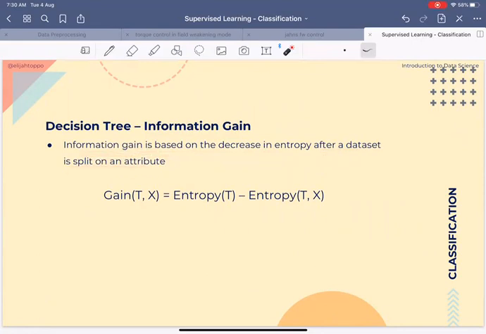So if we are at a decision node, and from that decision node we split based on a given attribute, then what is the information gain that we have got? The information gain is basically the entropy of the target minus the entropy of the target for that feature.